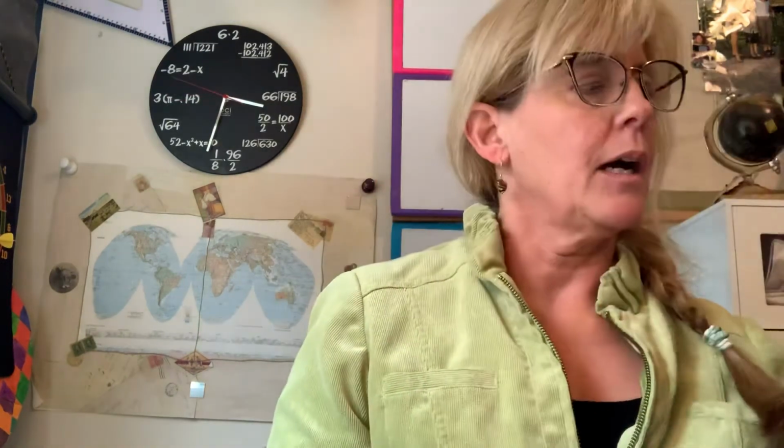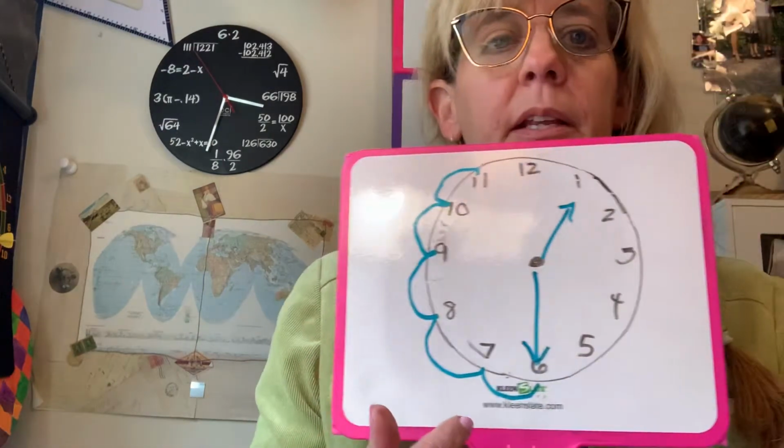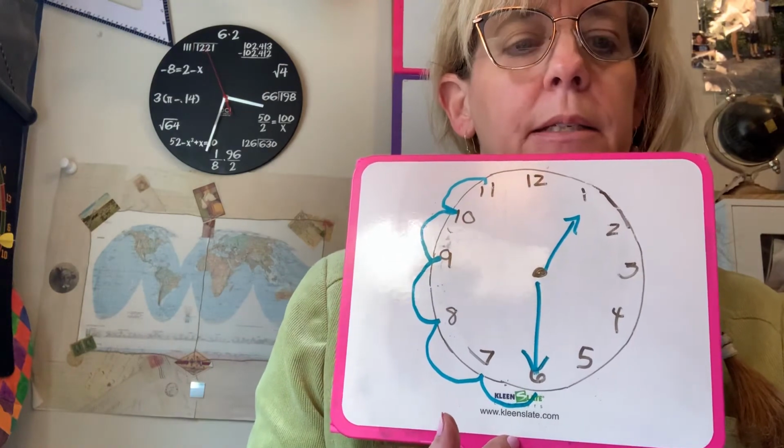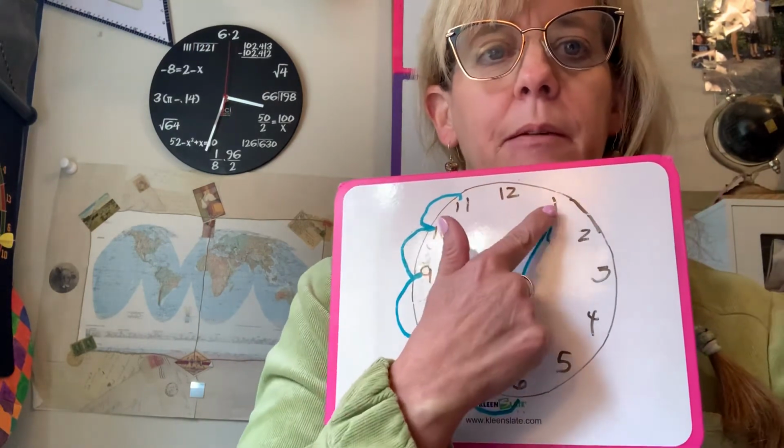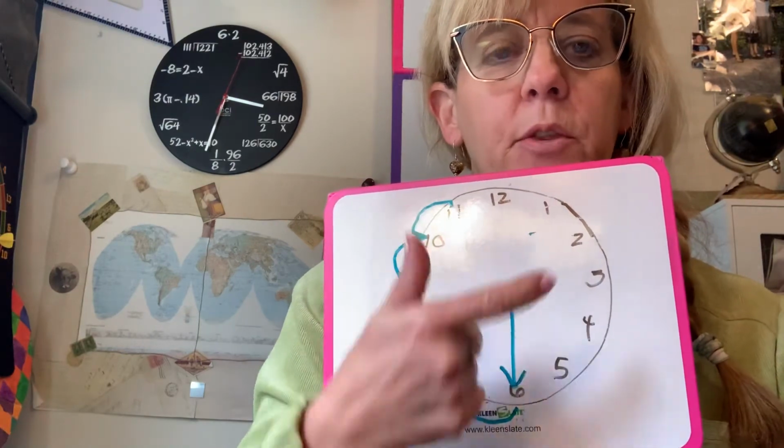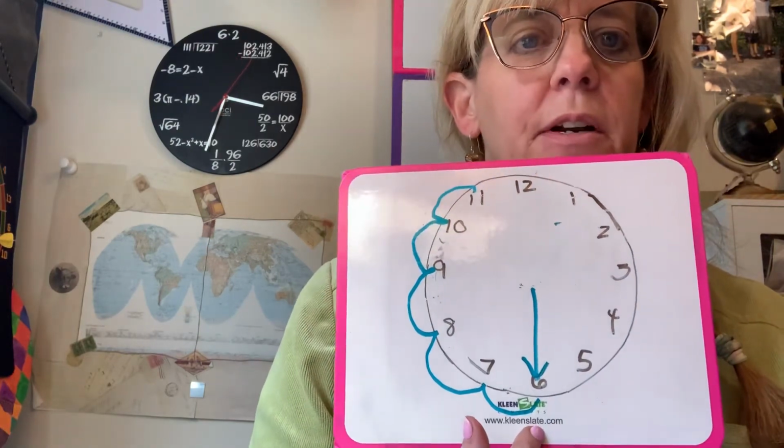If you're using a clock, you're going to do the same thing that we did before, where you're counting around the clock, and you have to think of it as a number line. Okay, so she started her chores, it looked like it was at 3:30, so the hour hand's going to point to the 3, but I'm just going to move on so you don't have to wait for me to write that.